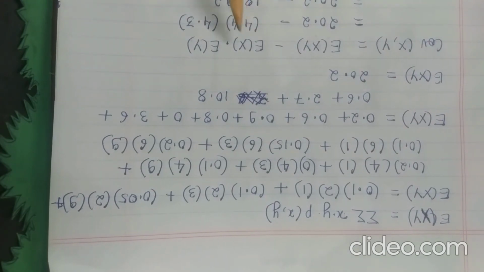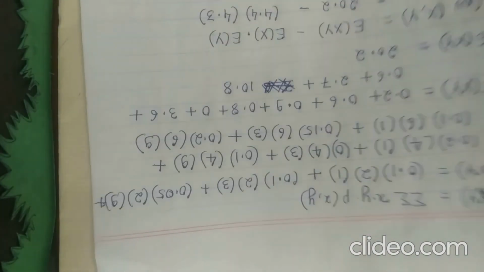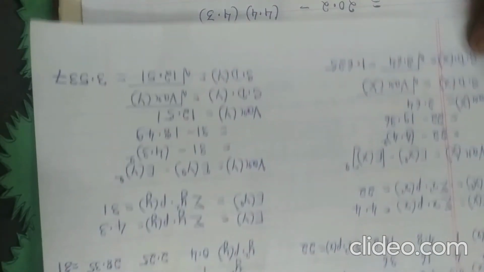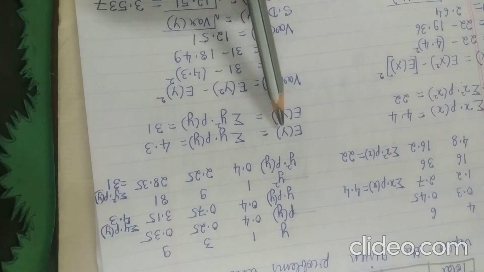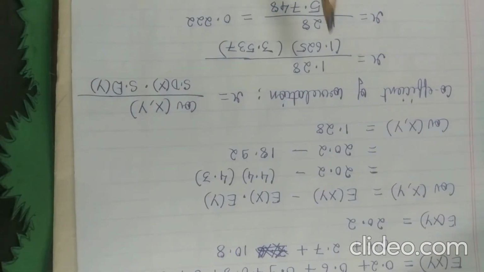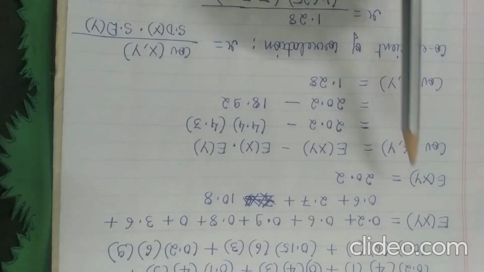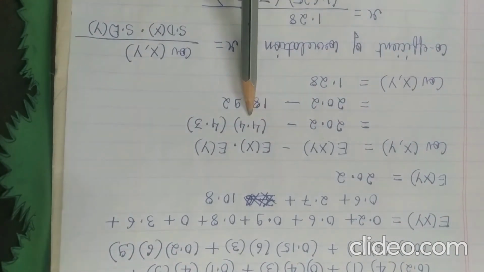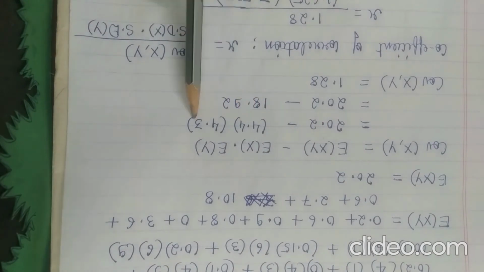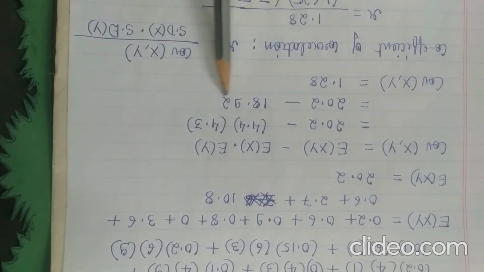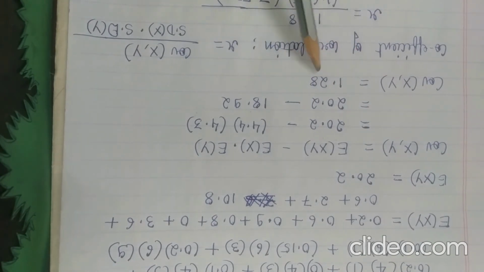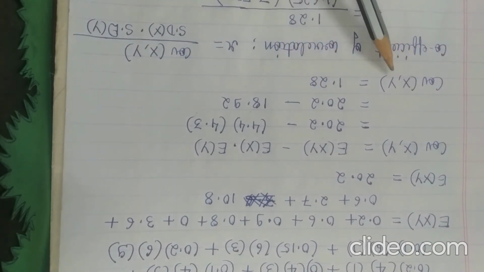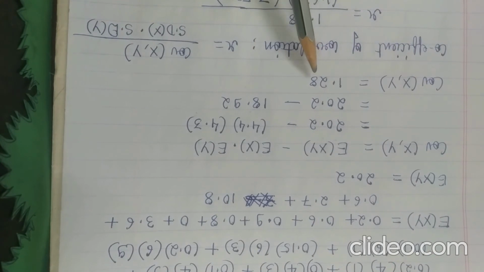E of x we have found out in our previous steps, that is 4.4 and E of y is 4.3. Multiply these two, you will get 18.92 and 20.2 minus 18.92 is 1.28. So covariance of x comma y is 1.28.